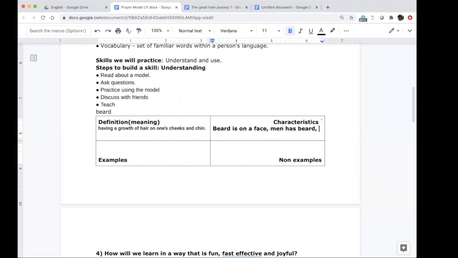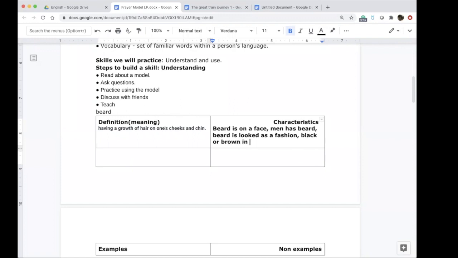Gokul? Sir, some people think that beard is a fashion. Okay, very good. Beard is looked at as a fashion. Okay. Srinivas? Beard color is black or brown. Okay, black or brown in color.